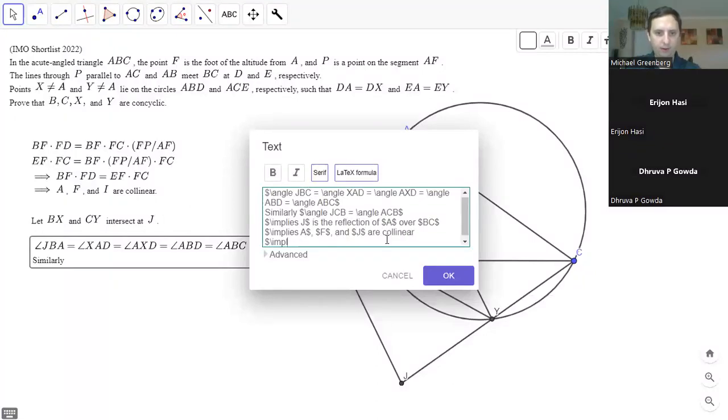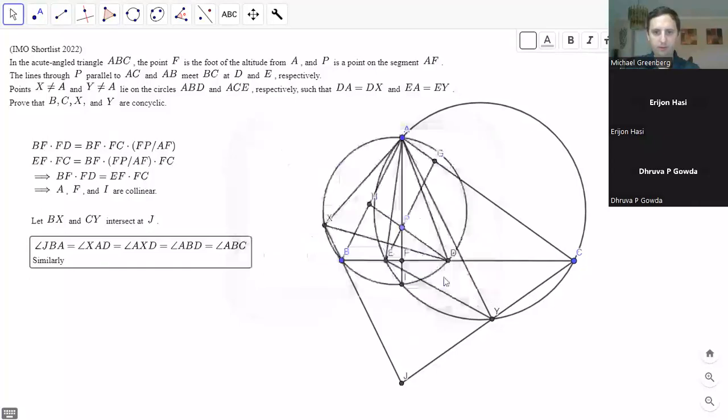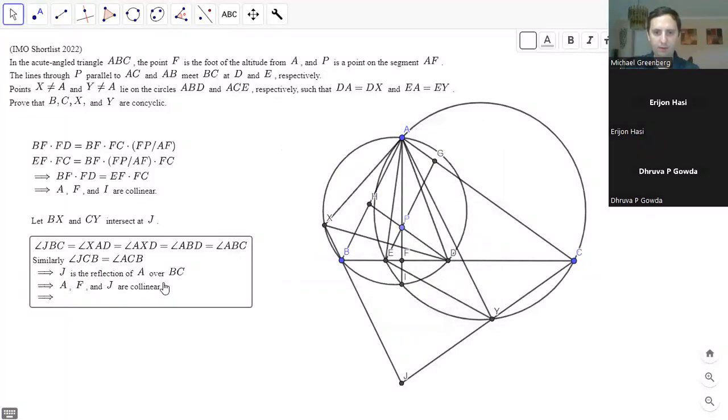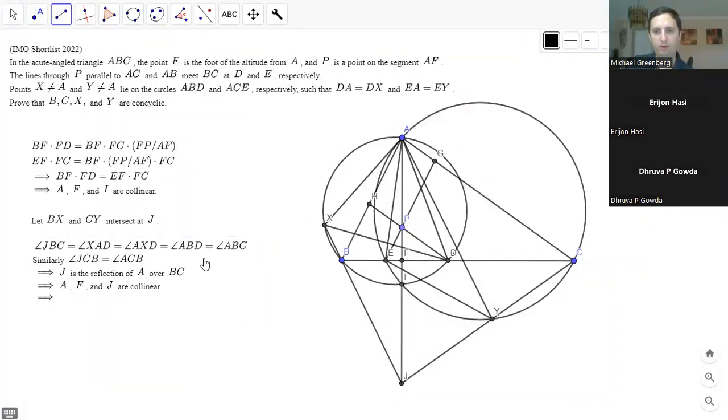And that means that JB times JX equals JI times JA equals JY times JC.